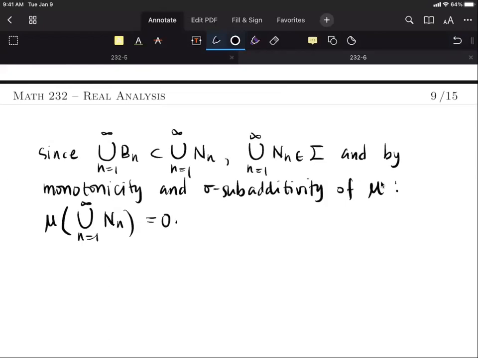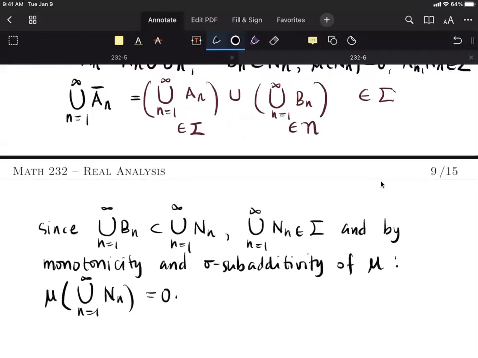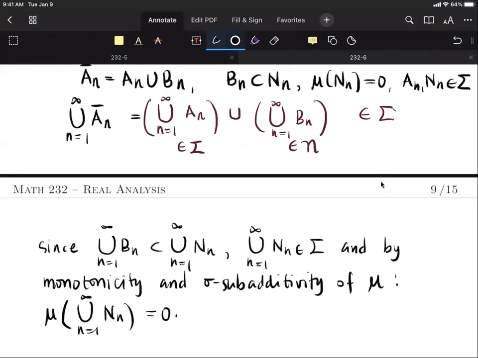And you can simply establish this using sigma subadditivity and monotonicity. Okay. Or I should say, I think sigma subadditivity is enough.